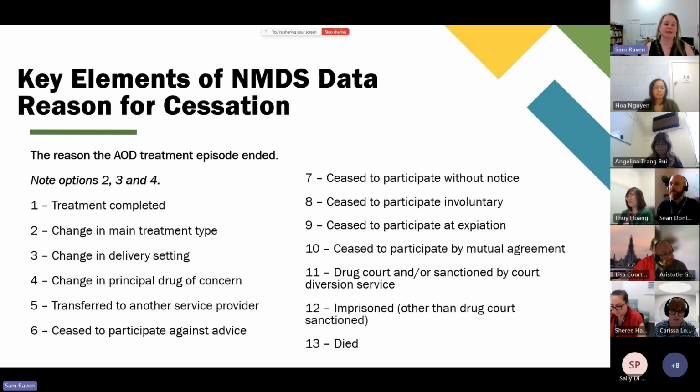But the NMDS itself doesn't say what treatment completed is. It's up to you to define that. What they're mostly interested in is whether they have completed a treatment program within your service. But it is a little bit open-ended in terms of what treatment completed means.